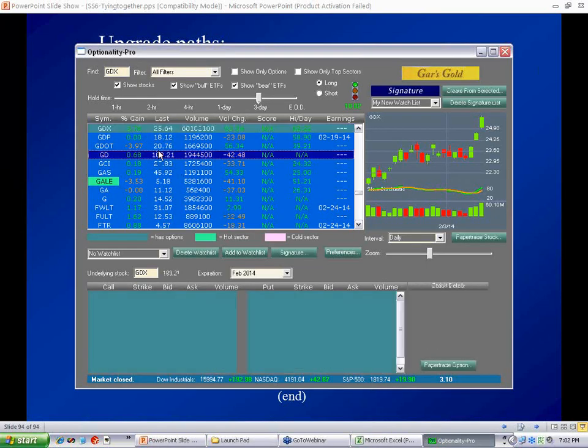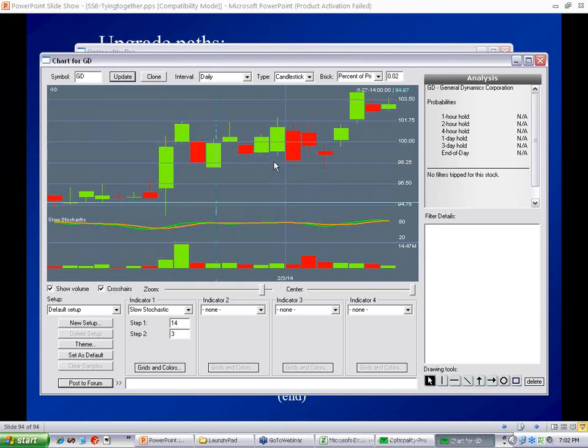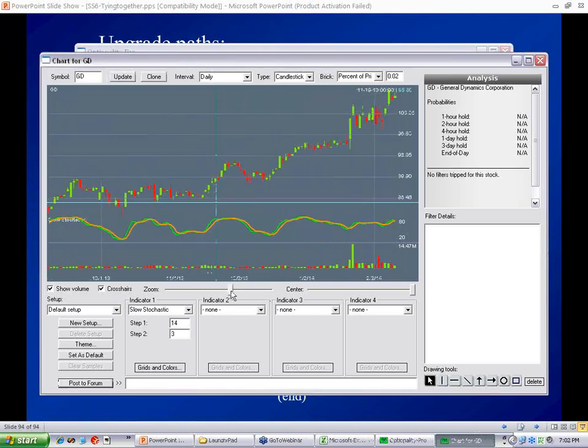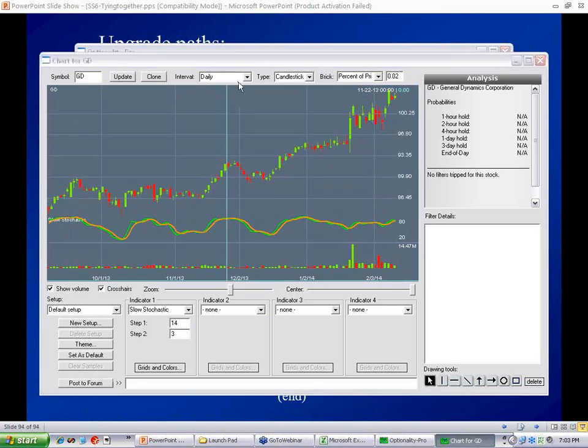Let's just pick any old chart. I gotta zoom out of this one a little bit. Hey, this is a good example, and here's why.